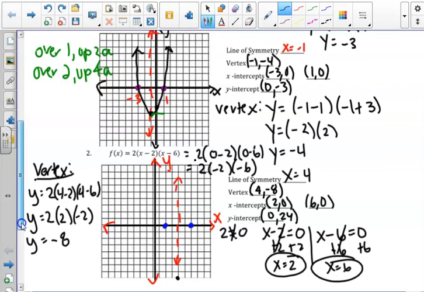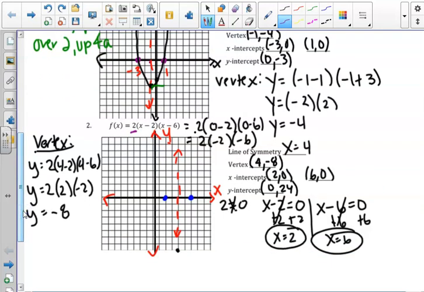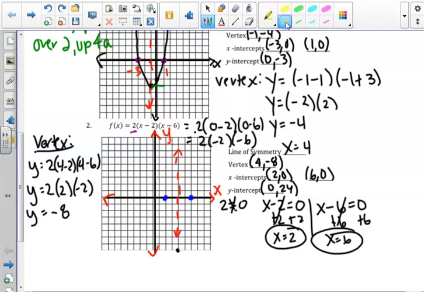Notice the difference in number 2 with number 1. There is a number listed in front of my linear factors, whereas in number 1, the number that was listed was 1, so we don't need to write it there. In number 2, our number listed is 2. This number located in front of your linear factors will help tell us what the vertical stretch is.